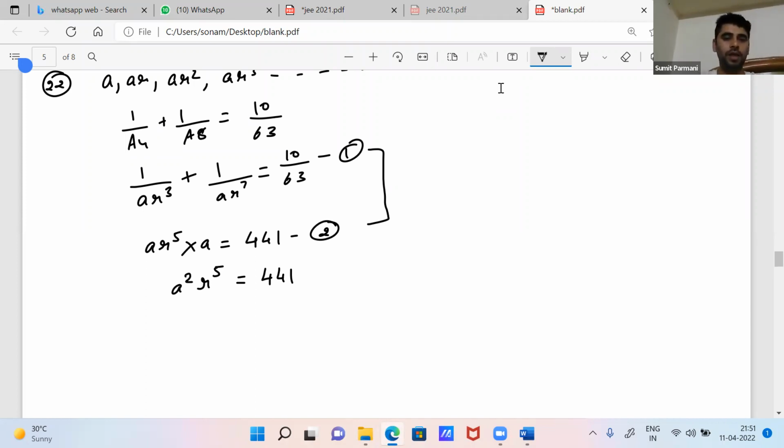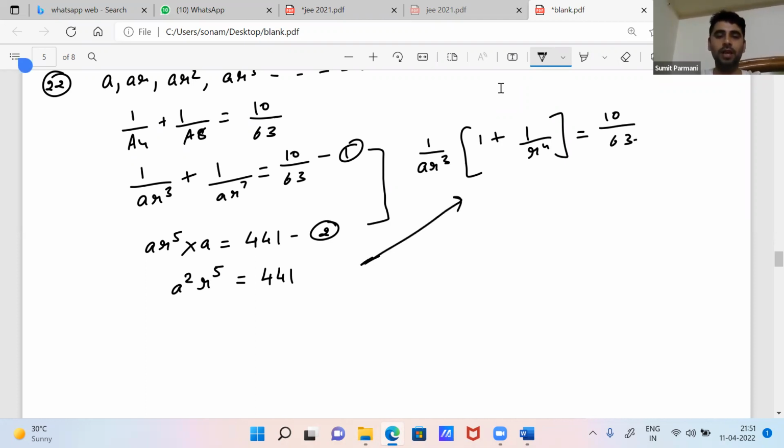And from here we have 1 by AR cube, bracket 1 plus 1 by R raised to the power 4, equals 10 by 63. So I'm leaving the calculation part for you. Solve these two, find A and R, and check your solution.